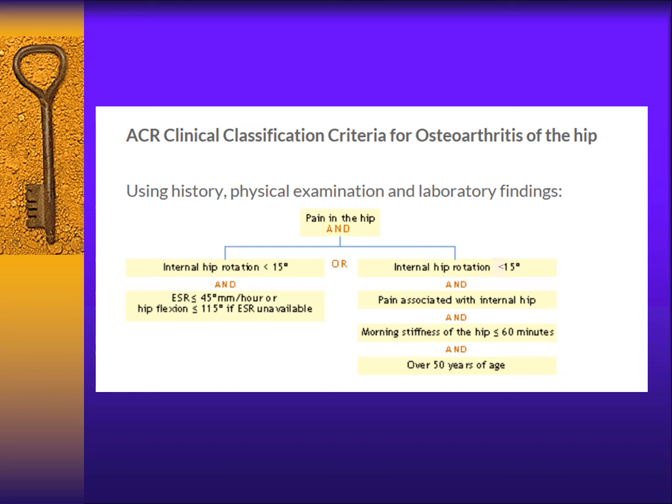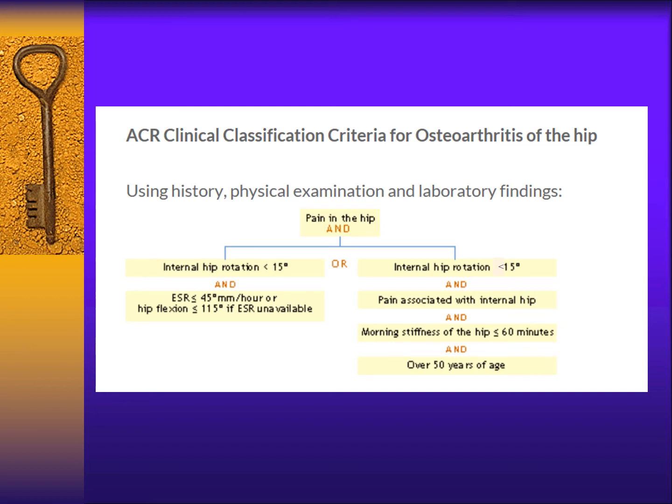So on the left, if you're dealing with someone who has limited hip internal rotation less than 15 degrees and limited hip flexion of less than 115 degrees, you're pretty much good with knowing that this individual likely has hip OA. Also, if they have a SED rate that's normal, or in this case less than 45, that is a laboratory test used to determine whether or not there's systemic inflammation in the body.